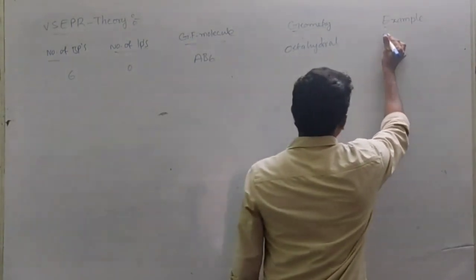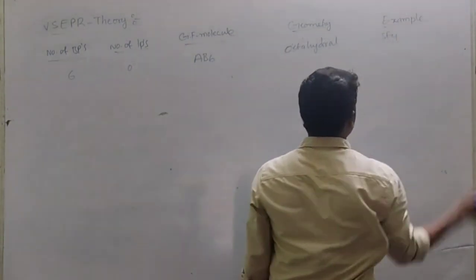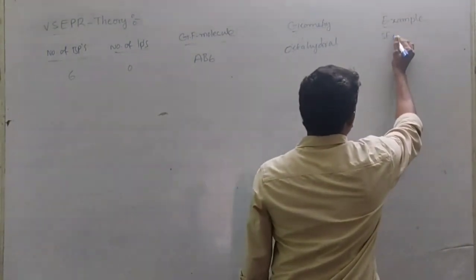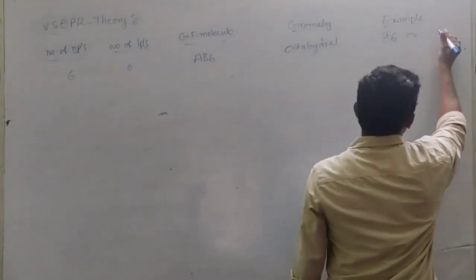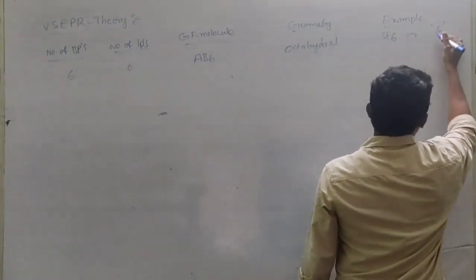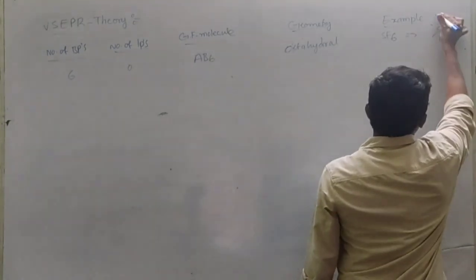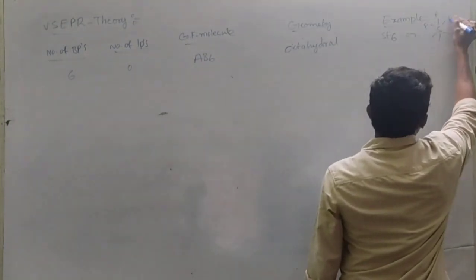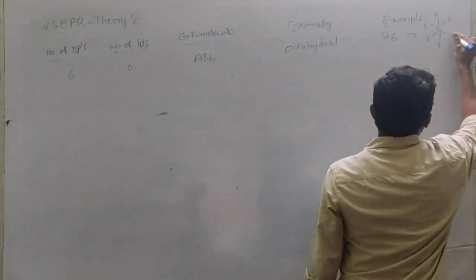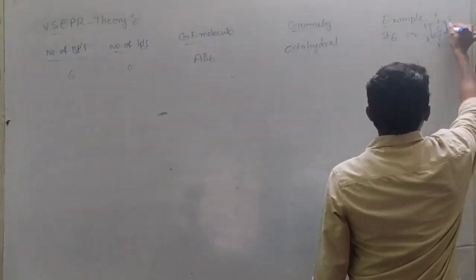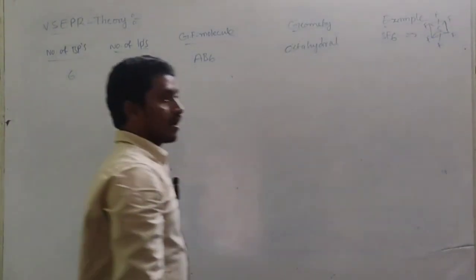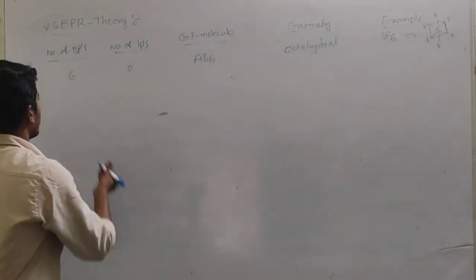Example for that sulfur hexafluoride, SF6. So its structure: sulfur is the central atom, fluorine is the surrounded atom, so its structure will be like this. This is the structure of octahedral geometry.